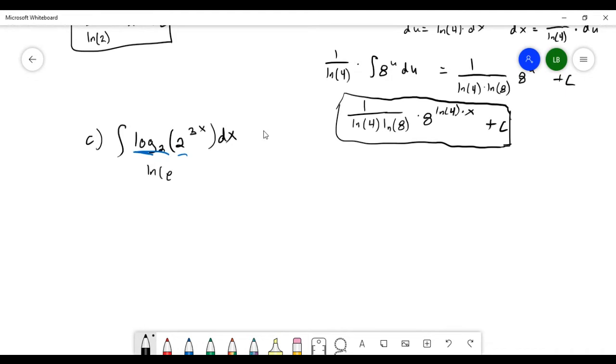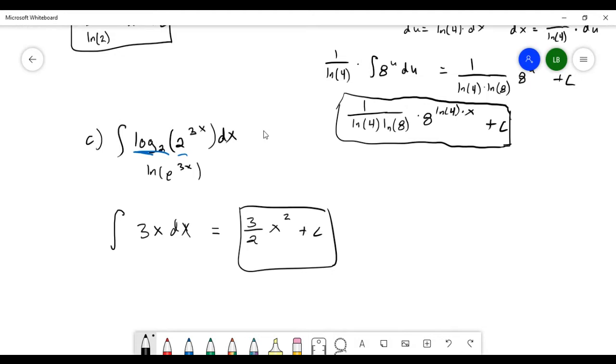It's like saying the natural log of e to the 3. So this integral actually just becomes the integral of 3x. Why did I write e? That should be 3x dx. And of course, that's just a very simple, straightforward integral. We have 3x squared over 2 plus c. That makes sense?